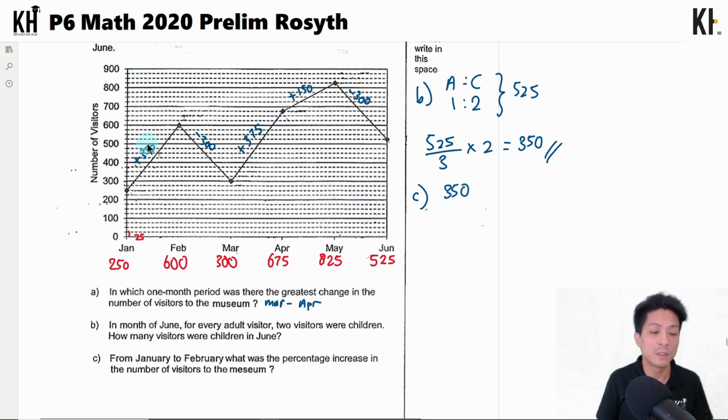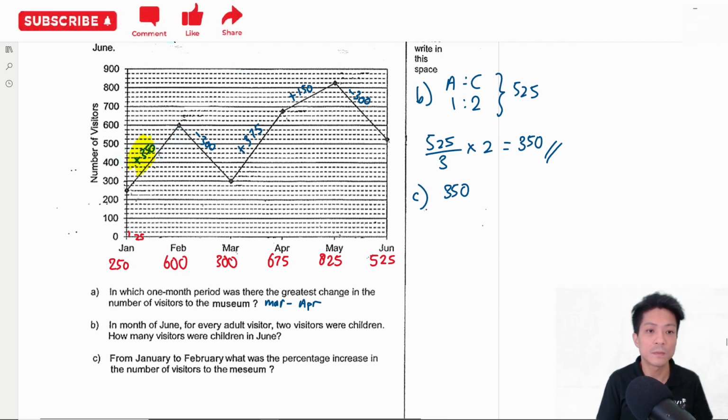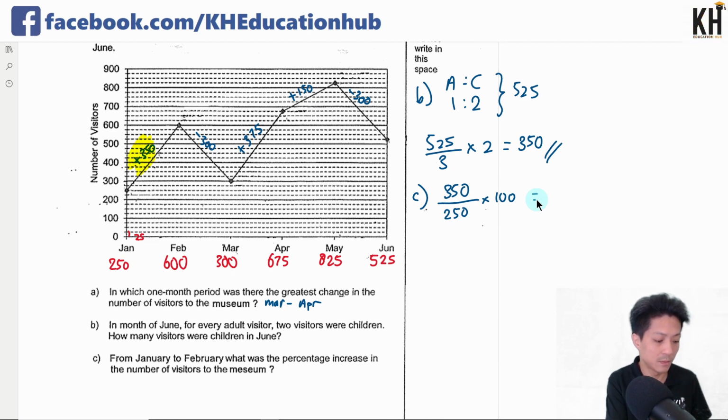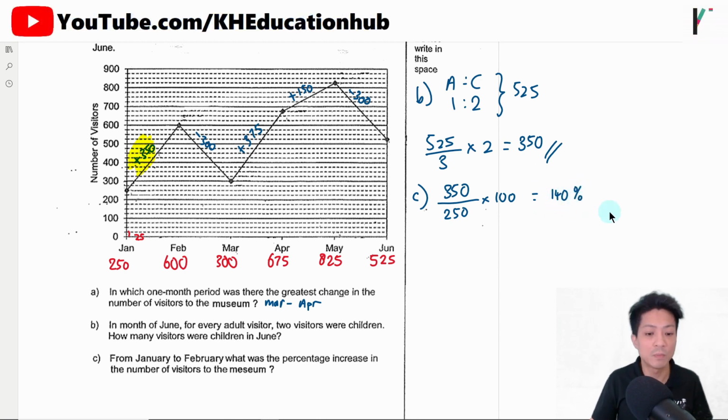Then divide by the original, which is the number in January, and then multiply it by 100. This will be a 140% increase.